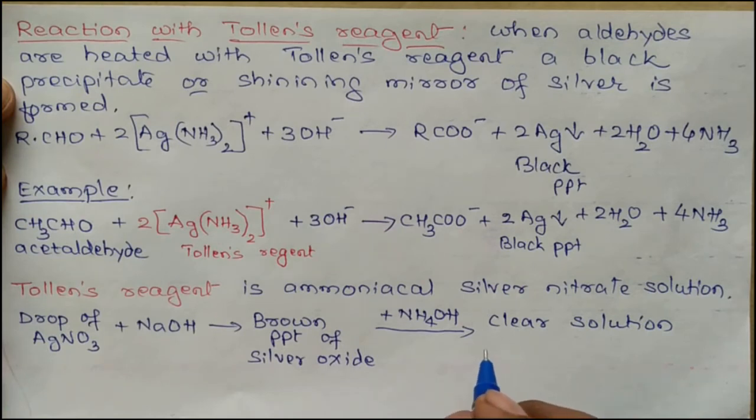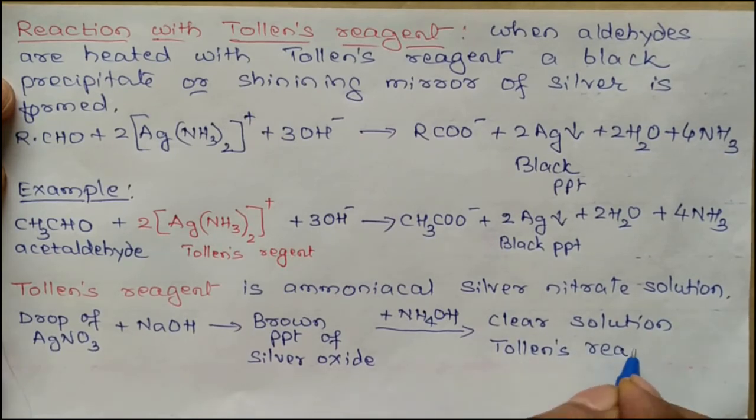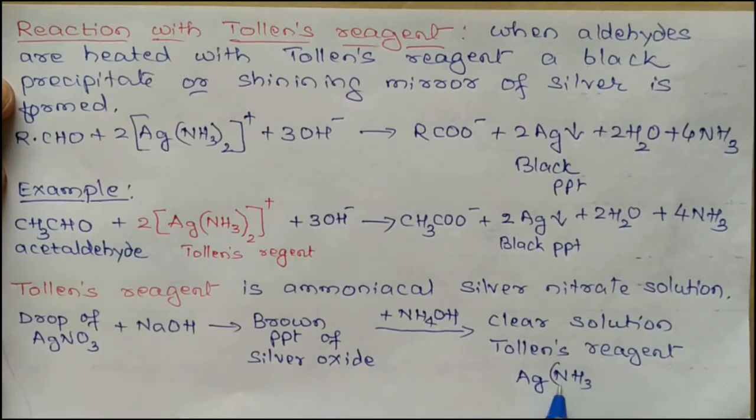This clear solution is known as Tollens reagent. Here the active species present in Tollens reagent is [Ag(NH3)2]+. This is the cation, the active species present in Tollens reagent.